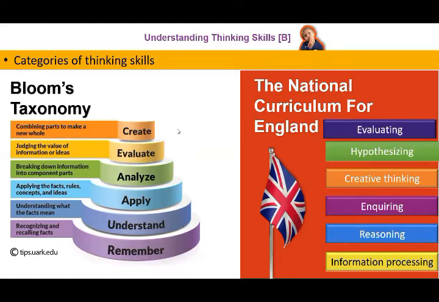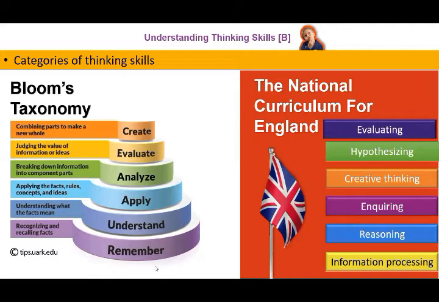Unlike Bloom's taxonomy, where creating has been stated as the highest order thinking skill. So this is another difference between the national curriculum and Bloom's taxonomy.